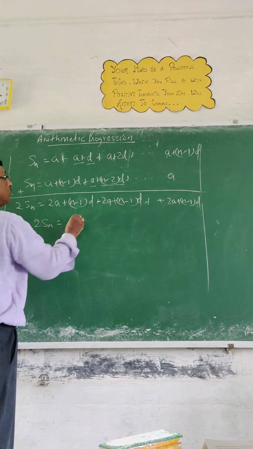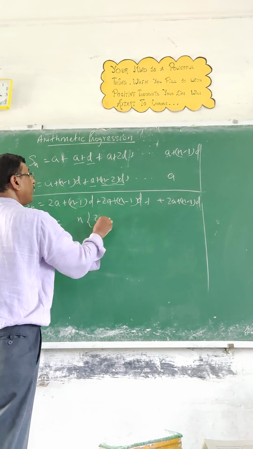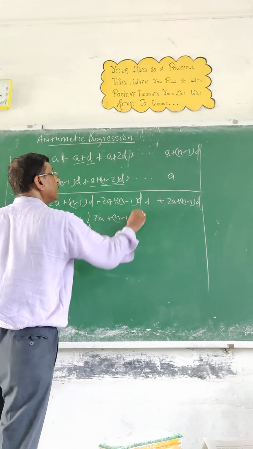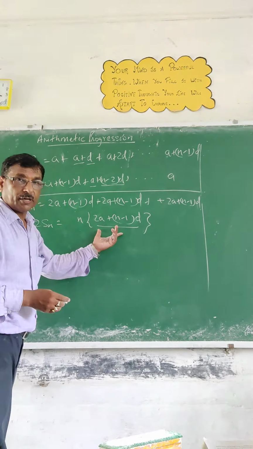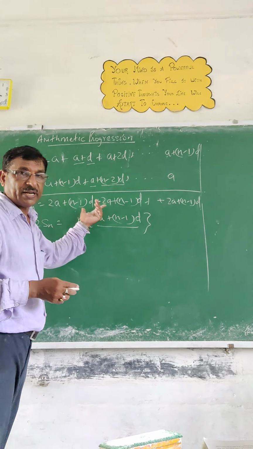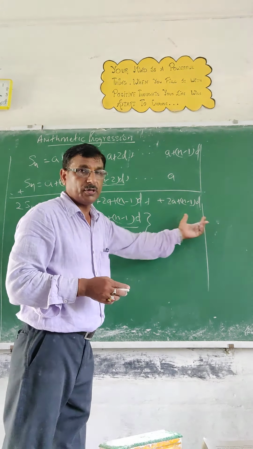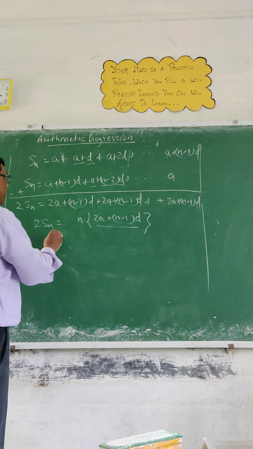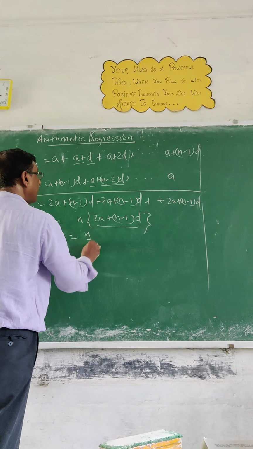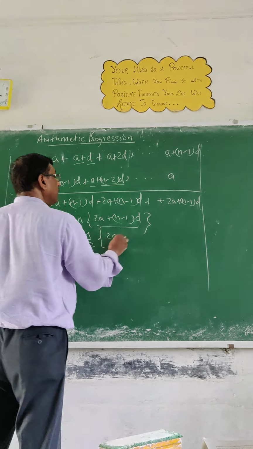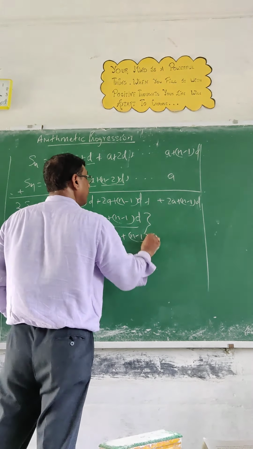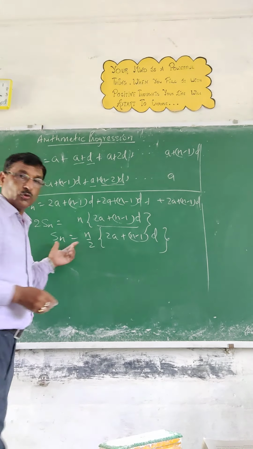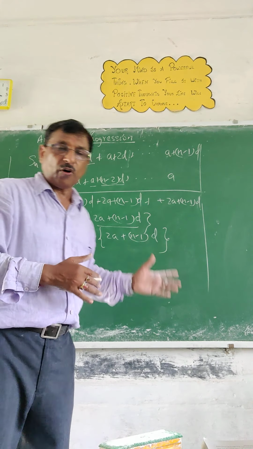Twice Sn is equal to n times (2a plus (n minus 1)d). Now this is a constant term, continuously you are getting 2a plus (n minus 1)d, 2a plus (n minus 1)d, and so on, n times, so you multiply with n. So now shift this to the other side, what do you get, children? Sn equals n upon 2 times (2a plus (n minus 1)d). You get this formula. This is the proof of Sn.